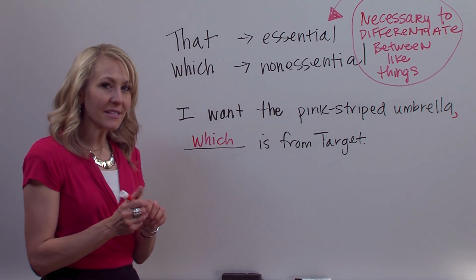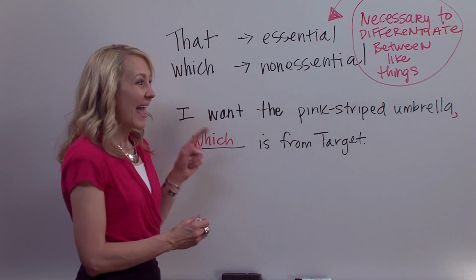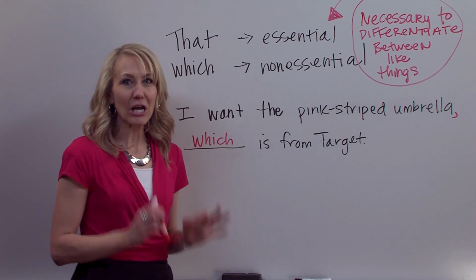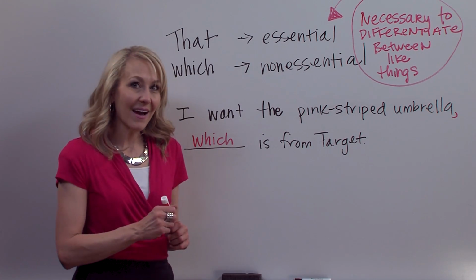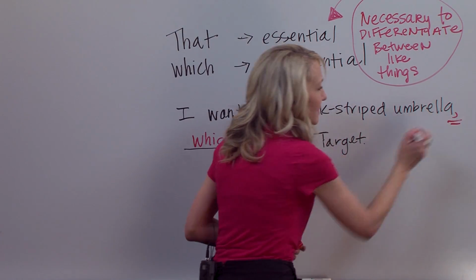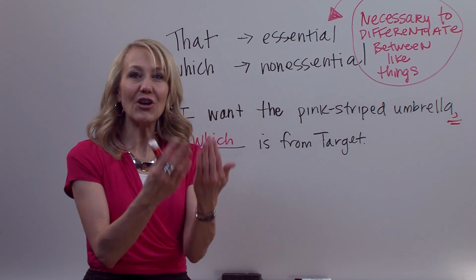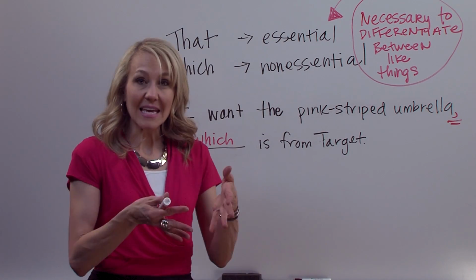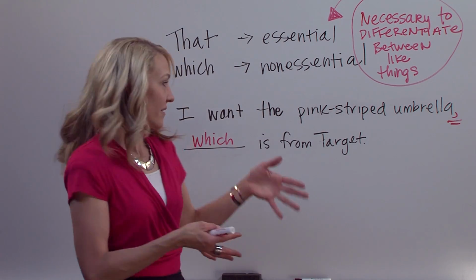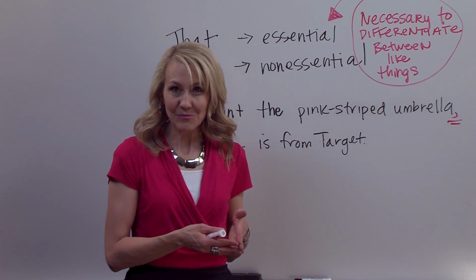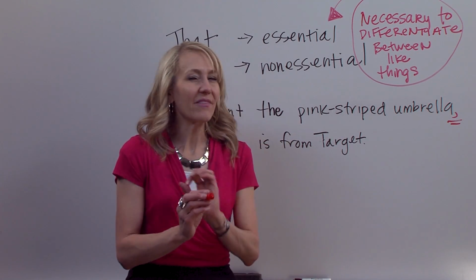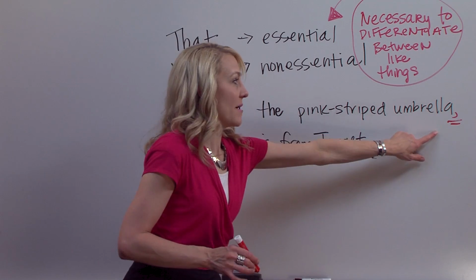Now you might notice that with my red marker, I added something to my sentence every time I used the word which. I added a comma. And that's because when I use non-essential information, in this case, the relative pronoun which, I must use a comma.